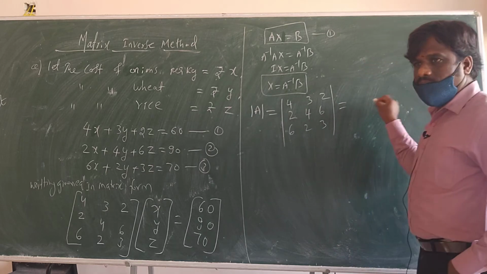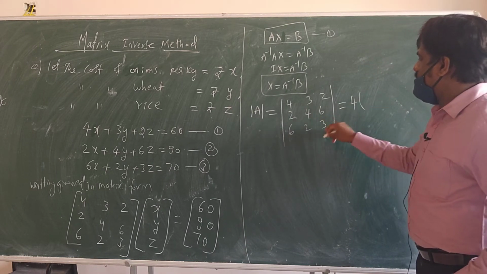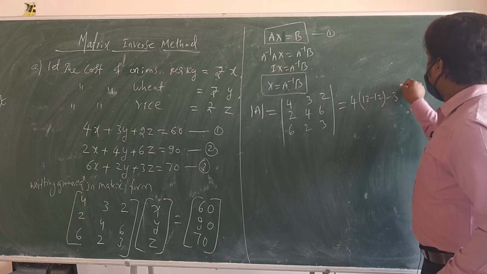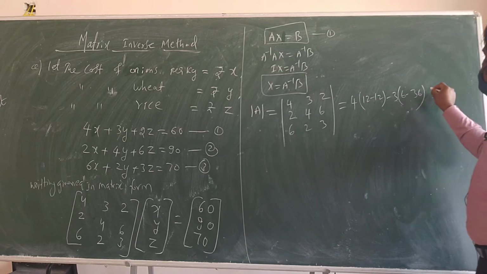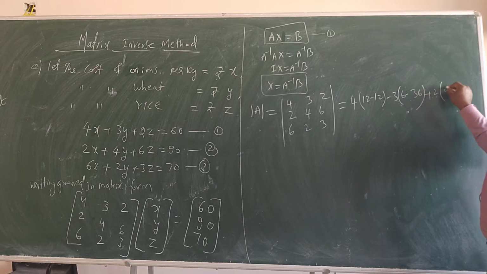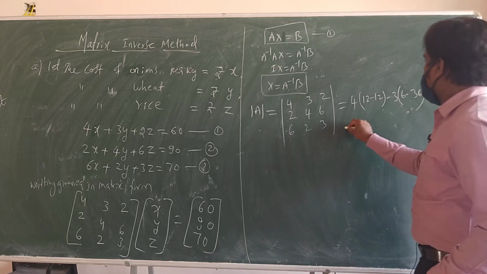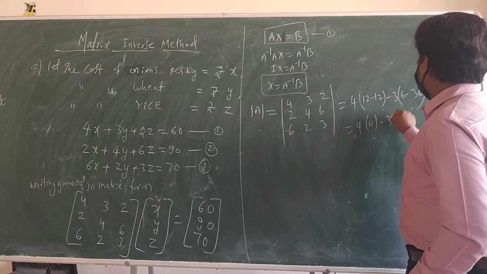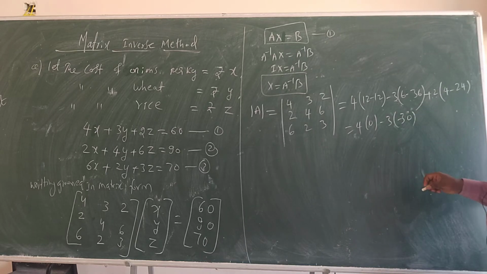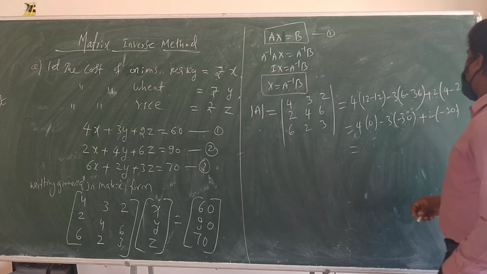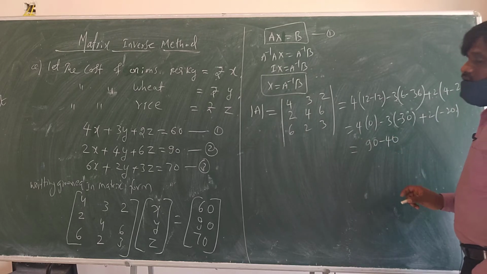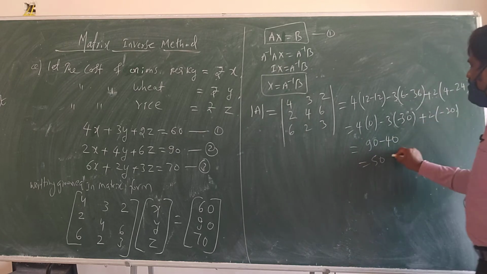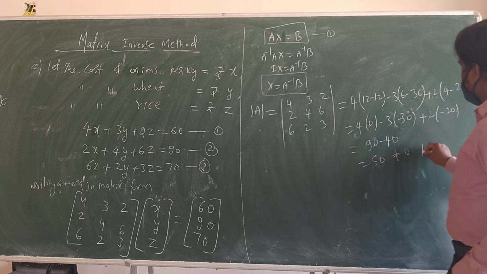Now 4 into 12 minus 12, which is 0; minus 3 into 6 minus 36, which is minus 30; plus 2 into 4 minus 24, which is minus 20. So I get 90 minus 40, that is 50. Not equal to 0.